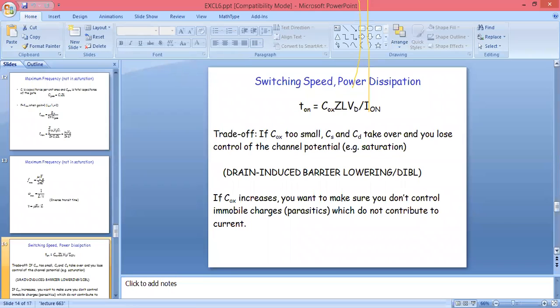We have to create the channel. That's why if we are using a capacitor, there is a change in the channel barrier. That's why we call this channel induced barrier lowering.